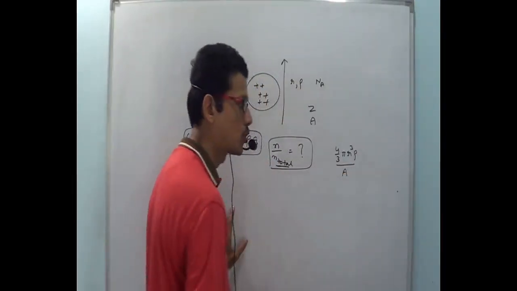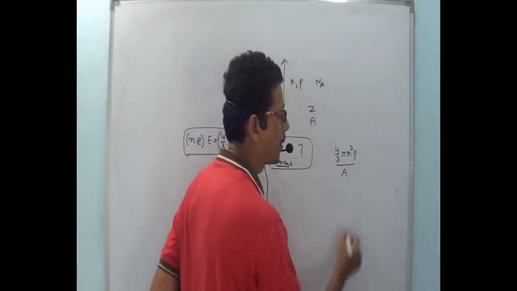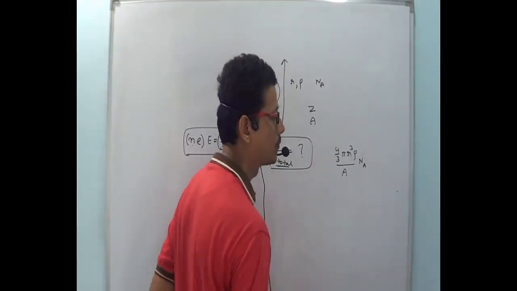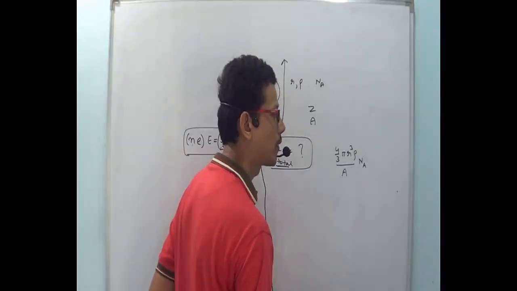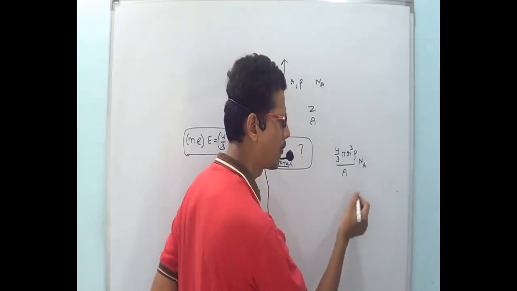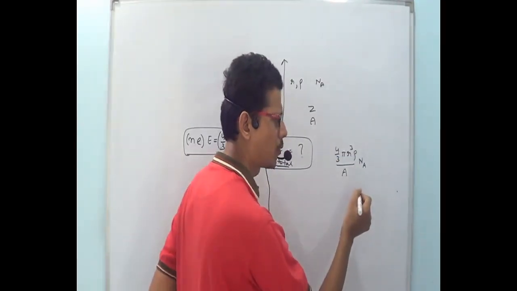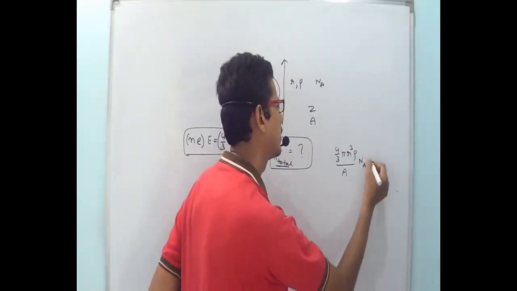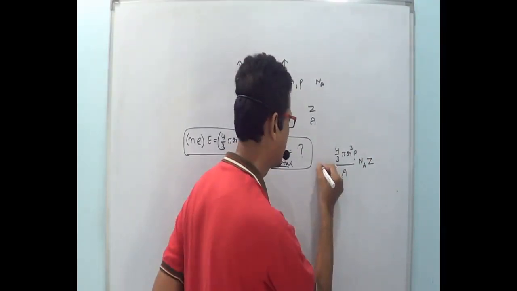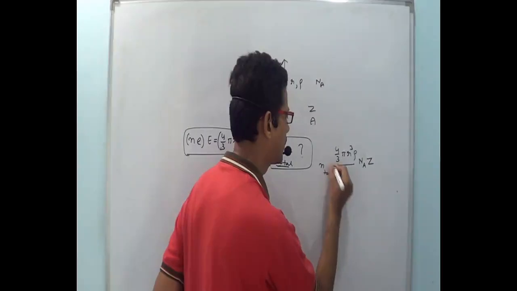You will get number of moles. Number of moles into Avogadro number, what will that give? Okay, number of molecules or number of atoms. Okay, and into Z gives the total number of electrons. This is n total.